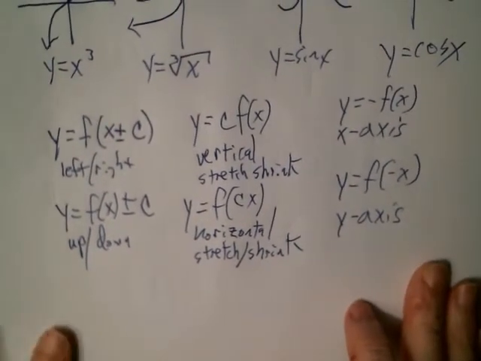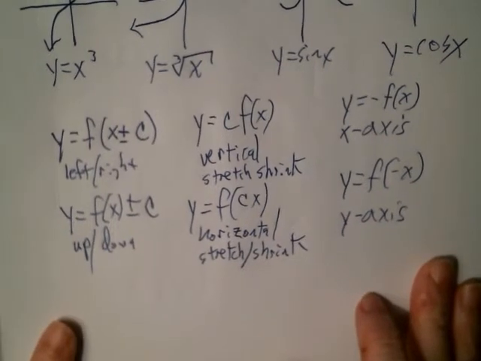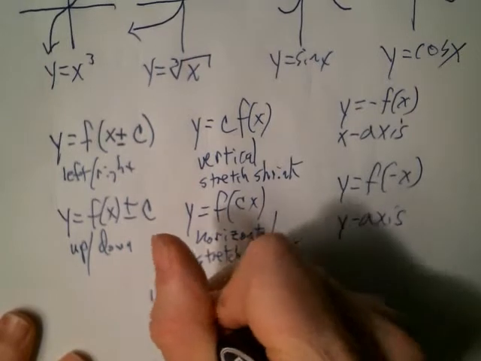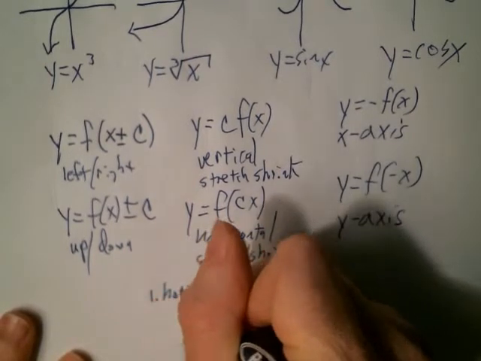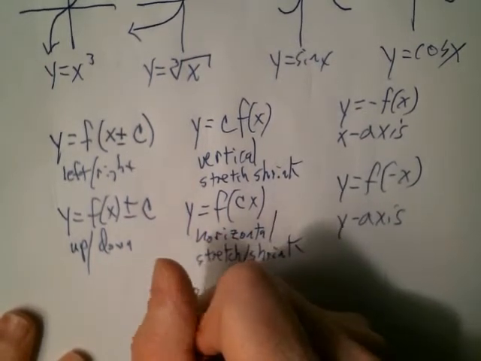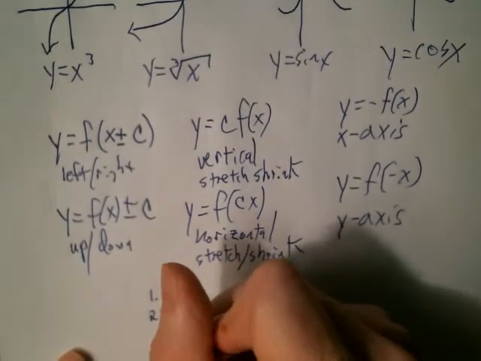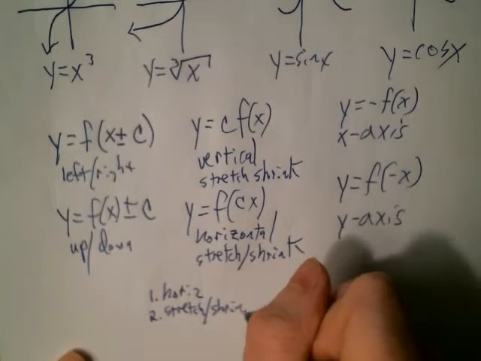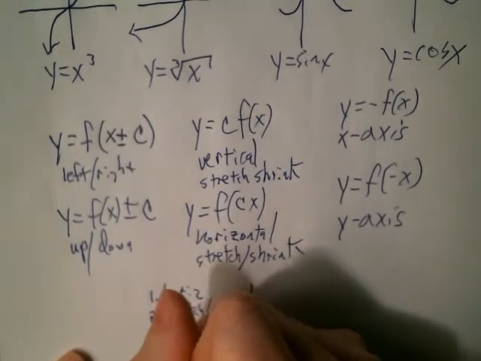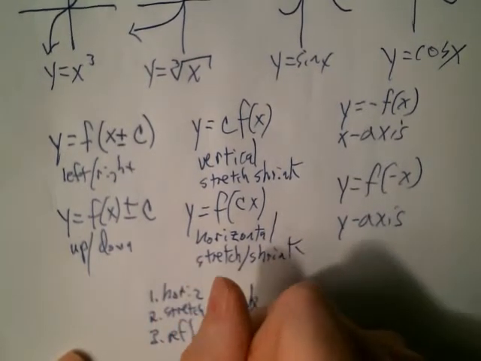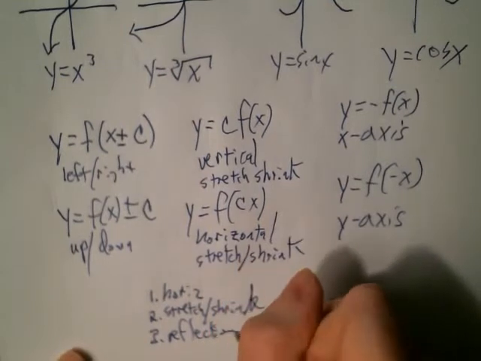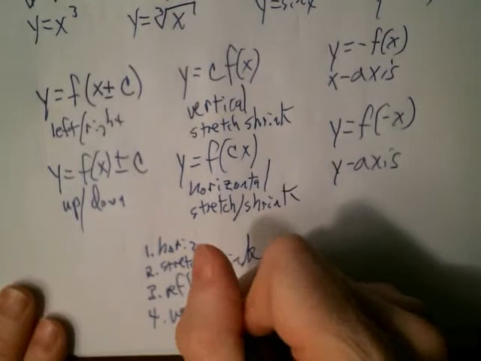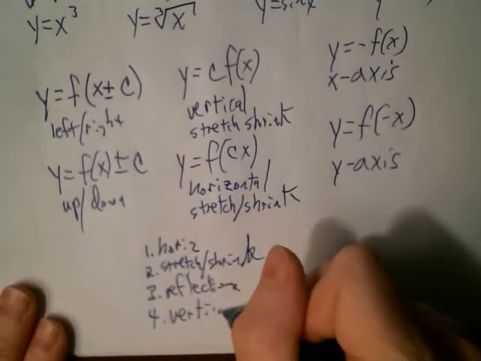So it's kind of like doing arithmetic visually, right? So the order of operations: horizontal, stretch, shrink, reflections, and then vertical movements.